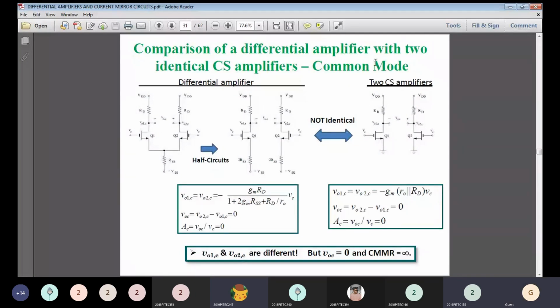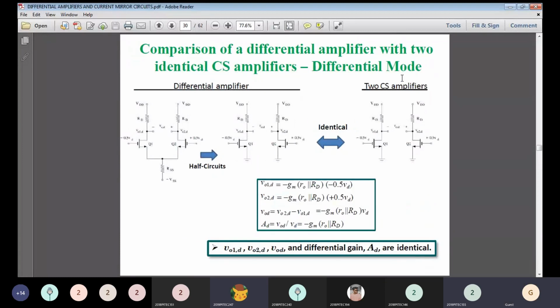This was the differential mode, and the same concept applies to common mode. In differential mode, the voltages V01, V02 and V0D and the differential gain AD are identical in nature.